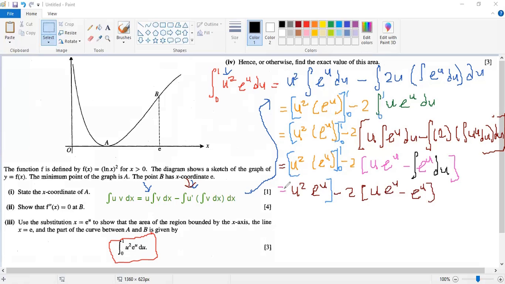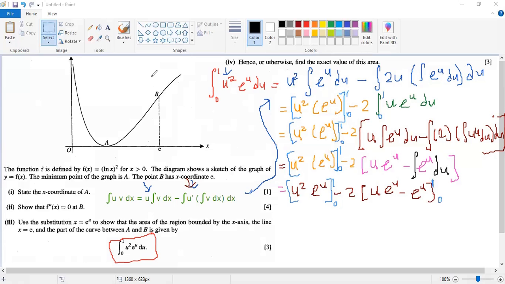So it just needs to be evaluated now at 1 and 0. We need to evaluate it at 0 and 1, and then we'll get the answer.